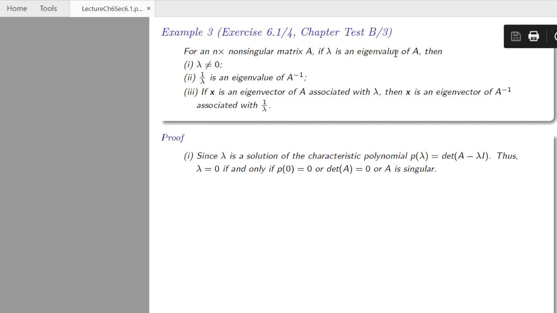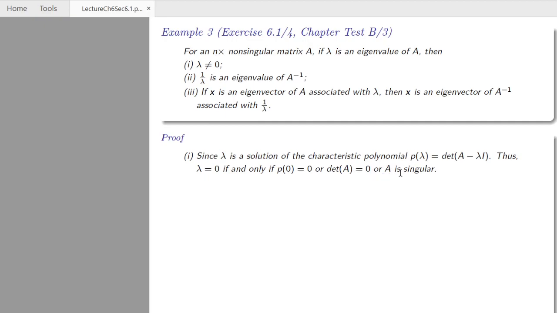First, because lambda is the eigenvalue of A, lambda is a solution of the characteristic polynomial p(lambda). In this case, p(lambda) equals the determinant of A minus lambda I. So if lambda equals 0, then p(0) equals 0, which means the determinant equals 0.